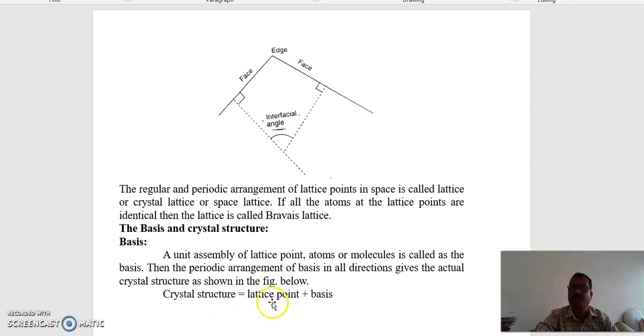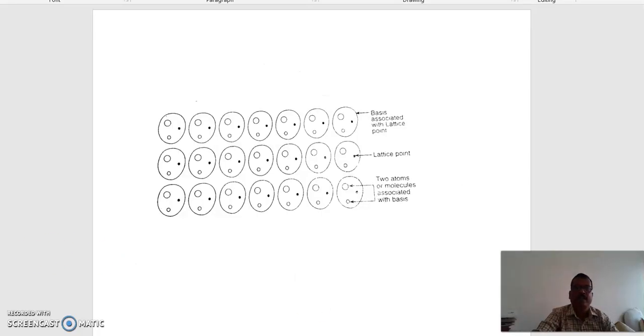Crystal structure equals lattice point plus basis. The basis is a unit assembly of two or more atoms or molecules with a lattice point, repeated in all directions.